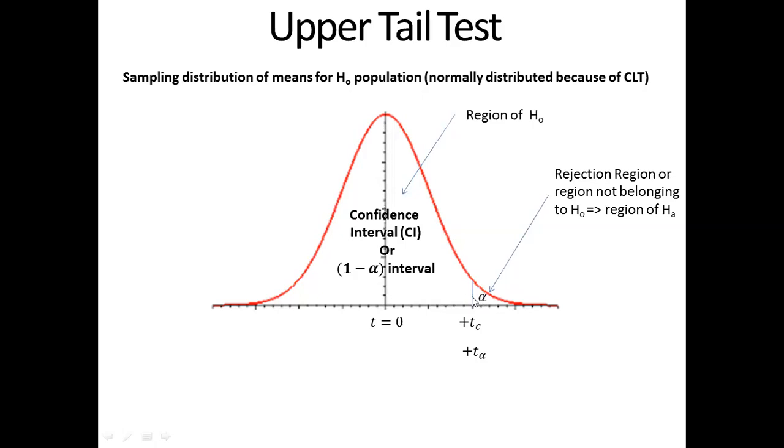But probably we are rejecting it falsely, although the H naught was true. So the lower this alpha would be, the better would be the case. The lower would be the probability of rejecting the H naught when it is actually true. So we can see how this alpha comes into play.